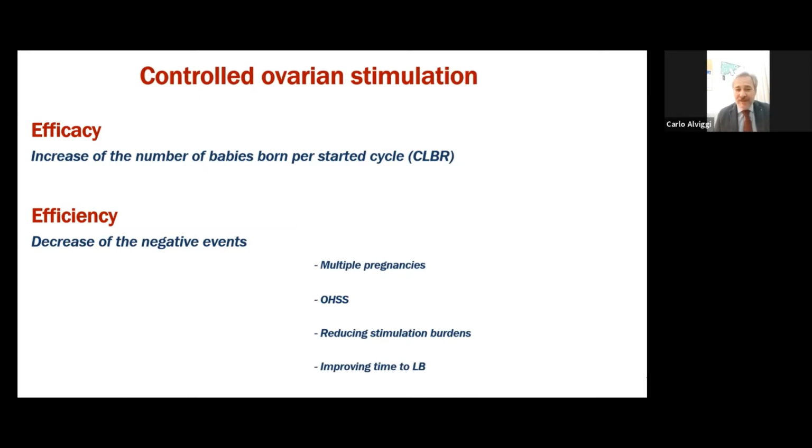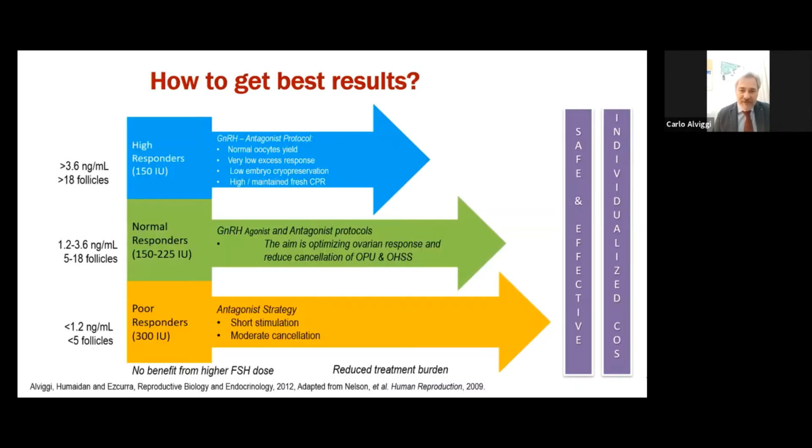I like to start with this slide because some procedures seem to be probably not necessary, but if you consider that this approach can improve time to pregnancy, they make sense. So I would like to start with this slide, because this represents what happened in the last 20 years.